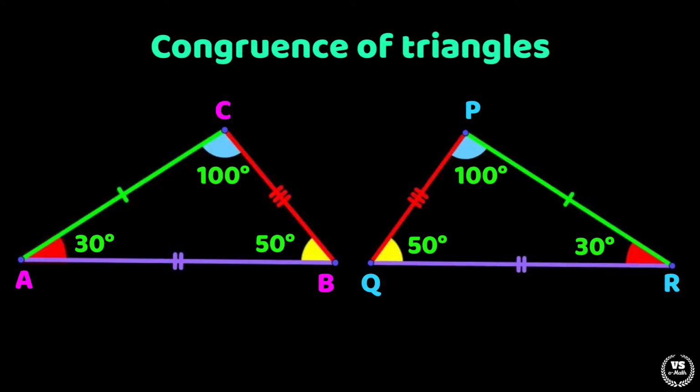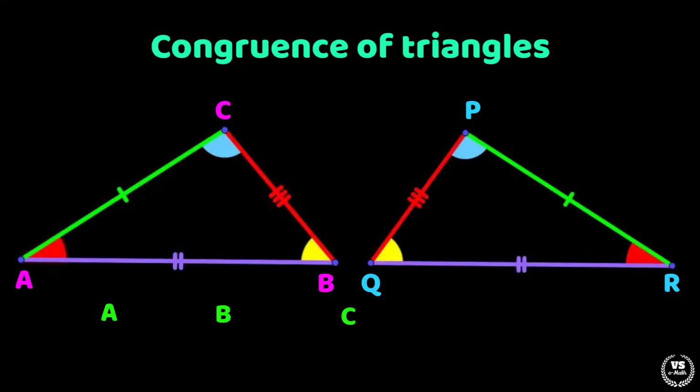And the three vertices A, B and C in the first triangle correspond to vertices R, Q and P of the second triangle. Here you should not change the order. The order is very important. Why?